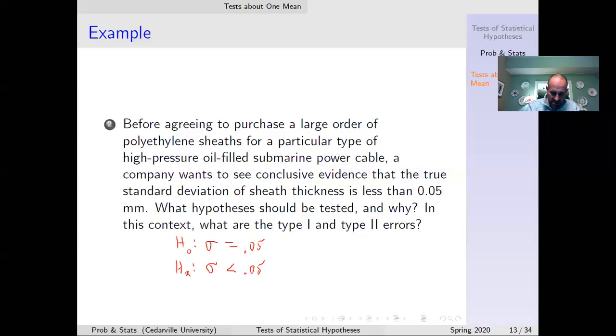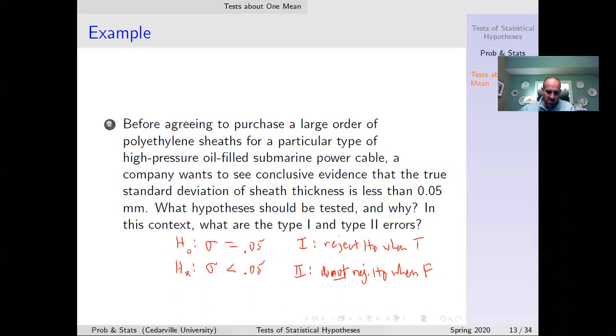What would the type 1 error be? Remember, type 1 error always means that you reject the null when it's true. And type 2 error is always that you do not reject the null when it's false.